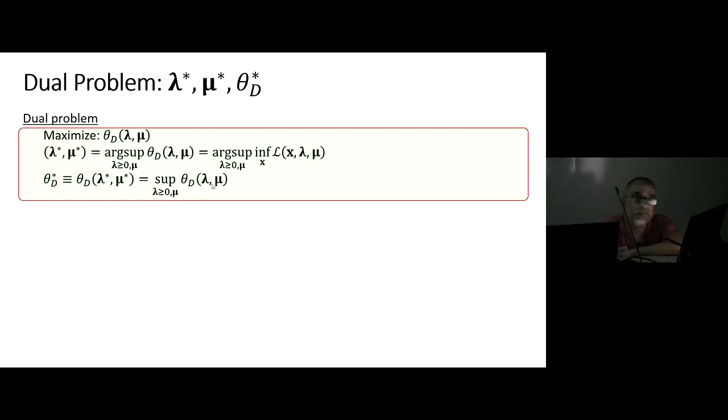But if we are doing a minimization in x, why is the syntax infimum? Because the Lagrangian will be unbounded. It will be infinity when x is infeasible.